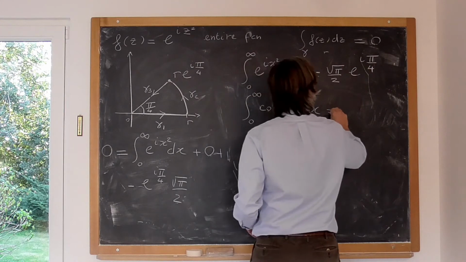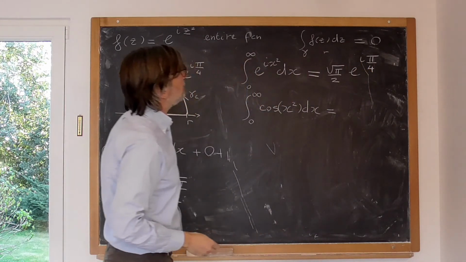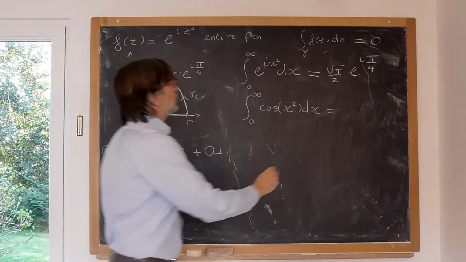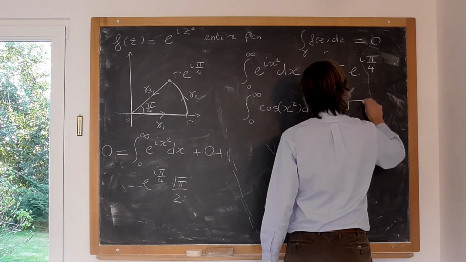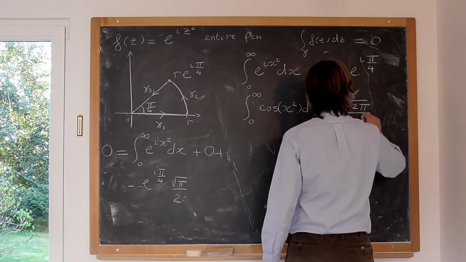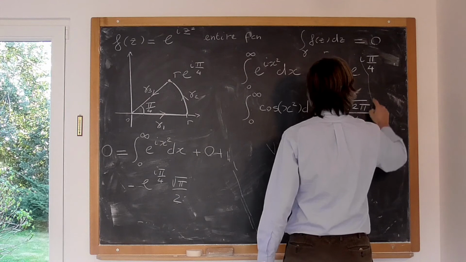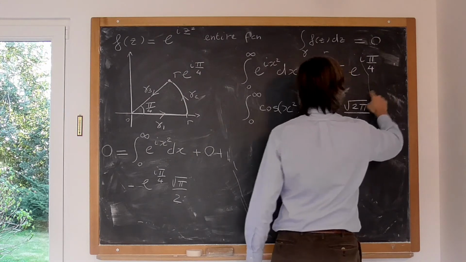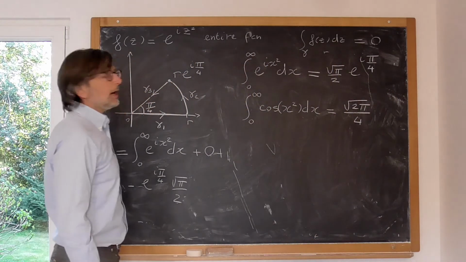The real part of e to the i pi over 4 is square root of 2 divided by 2. So we get square root of 2 pi divided by 2, divided by 2, yes, square root of 2 pi divided by 4.